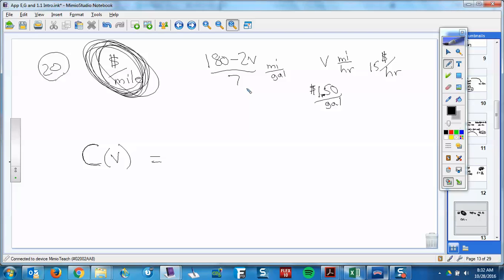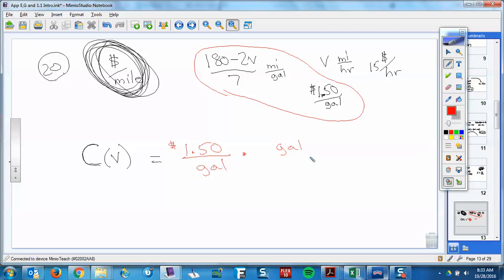Now, doesn't it look like these two could go together pretty nicely? And this is often a strategy in these problems, is look at your units and see how you can put the units together to get dollars per mile. So what am I going to want to do with this? Well, if I take $1.50, which is dollars per gallon, right? How can I get dollars per mile out of that?